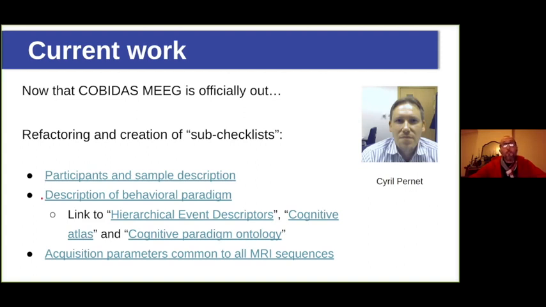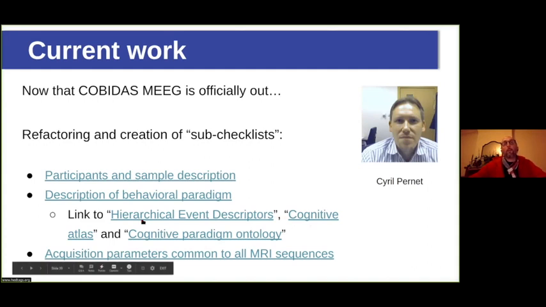For a lot of studies as well, it's very important to describe the behavioral paradigm that you used. And on this, another way we're trying to link up with some other standards or ontologies that already exist. For example, the Cognitive Atlas and the Cognitive Paradigm Ontology are things you can reference in your BIDS dataset.